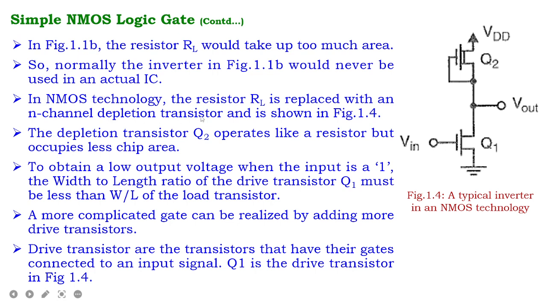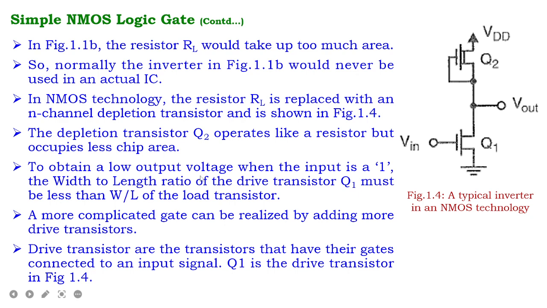In NMOS technology, the resistor RL is replaced with an n-channel depletion transistor, as shown in figure 1.4. It is a typical inverter in NMOS technology where the resistance is replaced by this transistor. The depletion transistor Q2 operates like a resistor but occupies less chip area.